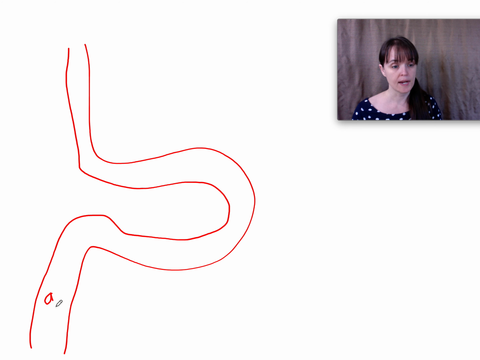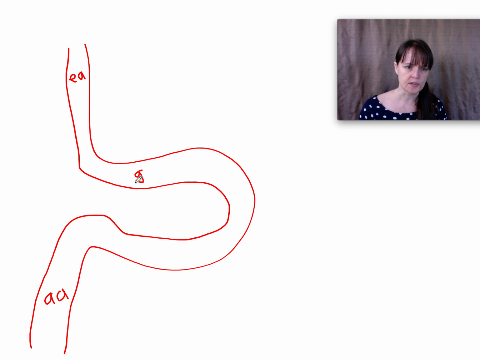So you have your afferent arteriole bringing blood in and the efferent arteriole carrying blood out, but with a smaller diameter. And then this is your glomerulus. And it contains blood.